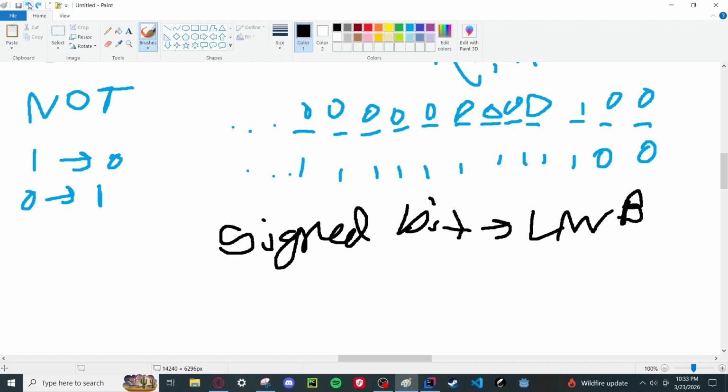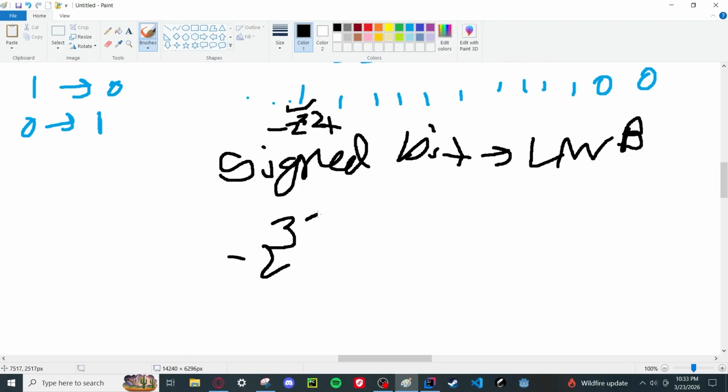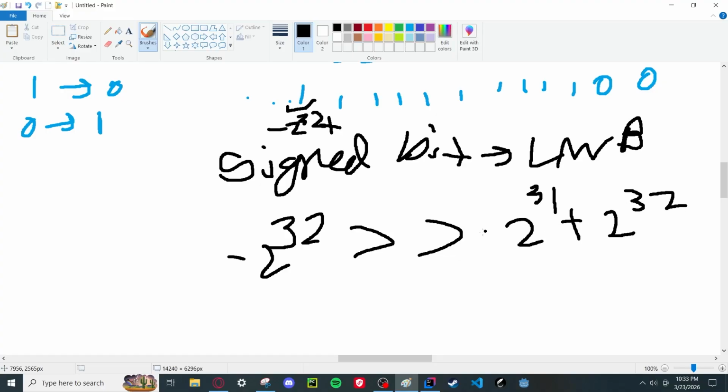But if we look at it in this scenario, where we take the leftmost bit, whatever value that integer would have been, 2 to the 32nd or something, and you make that a negative, well then it doesn't really matter how much you add onto it with these positive values, because negative 2 to the 32nd is way bigger than 2 to the 31st plus 2 to the 32nd, and so on and so forth, right?